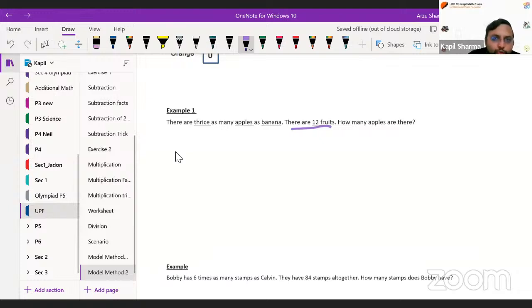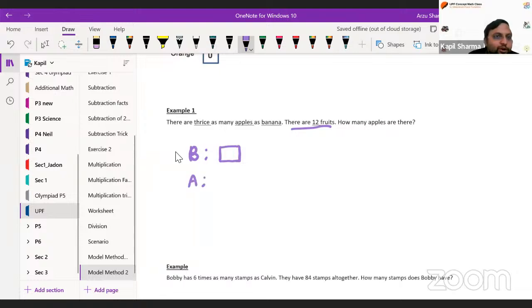So what I'm going to do is use models here. So let's say first banana. Now let's represent banana by this 1 unit. One box. Number of bananas.